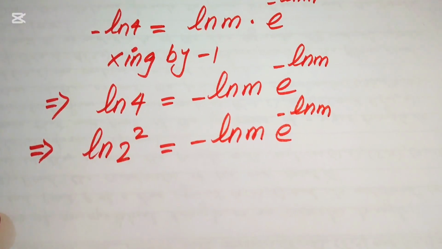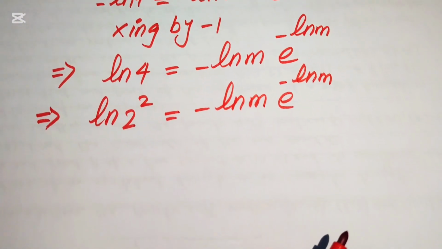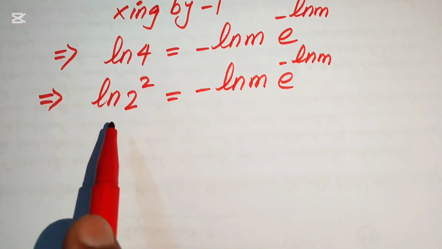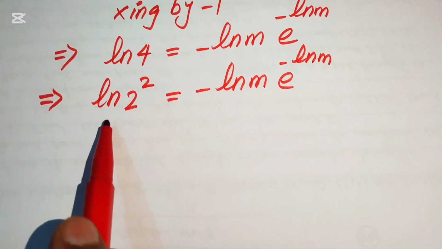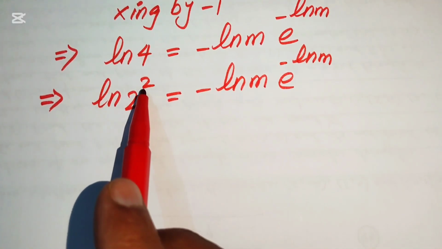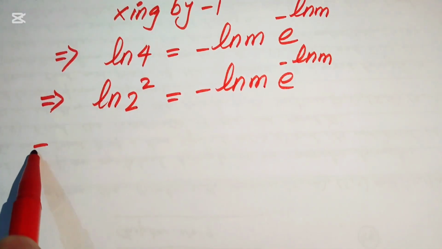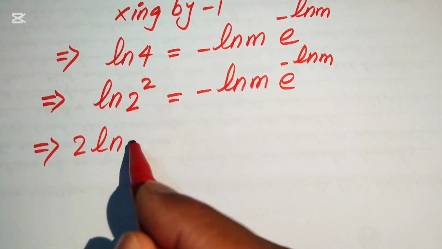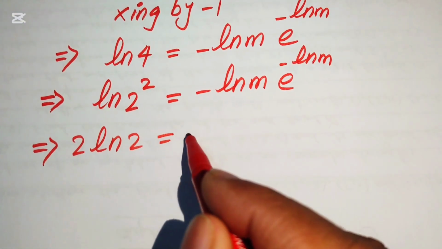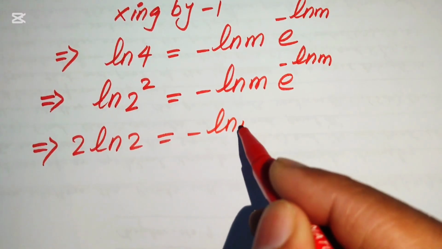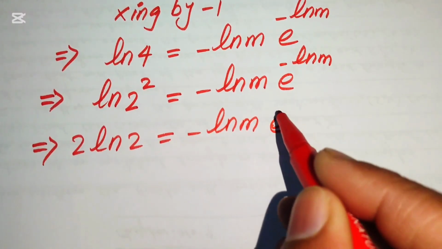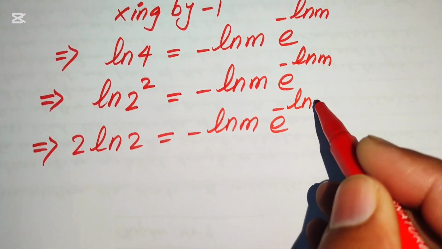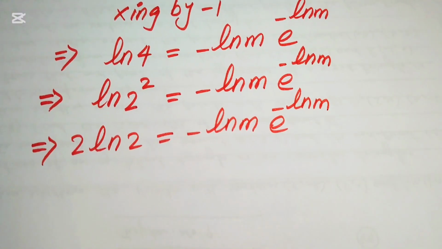Further, we again apply the nice property of log and move this exponent 2 in front of this log, and it will be written as 2 times log 2 equals minus log of m times e to the power of minus log of m.